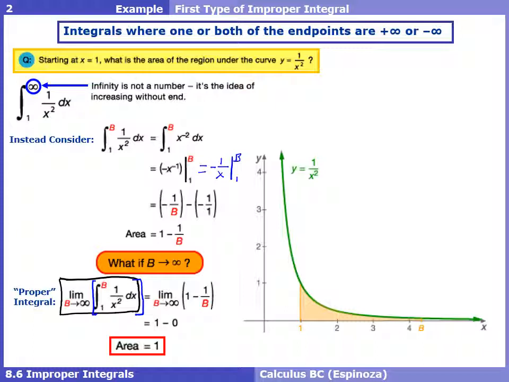It turns out that the area from 1 to infinity under the curve of 1 over x squared is actually just the number 1. So a very, very interesting idea that I think takes some time to sit down and come to terms with. The area of this infinitely long region is finite, and it's equal to the number 1.